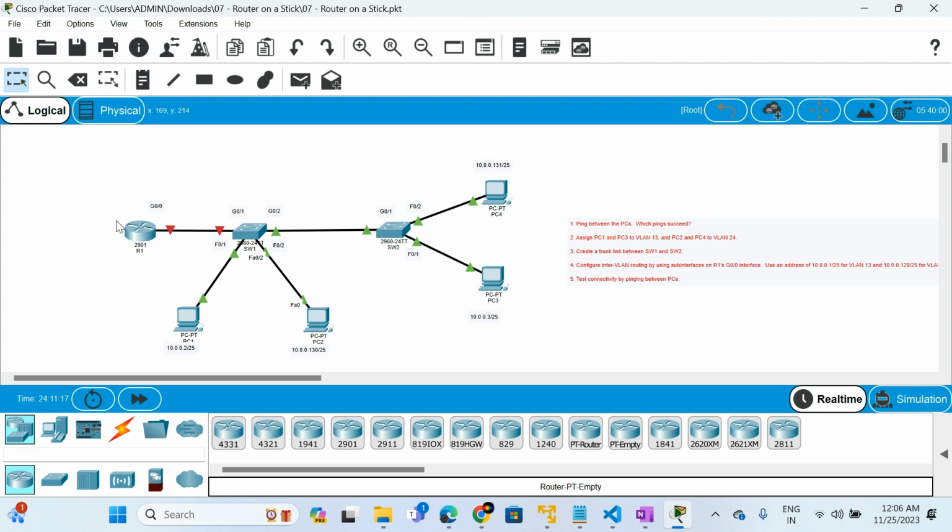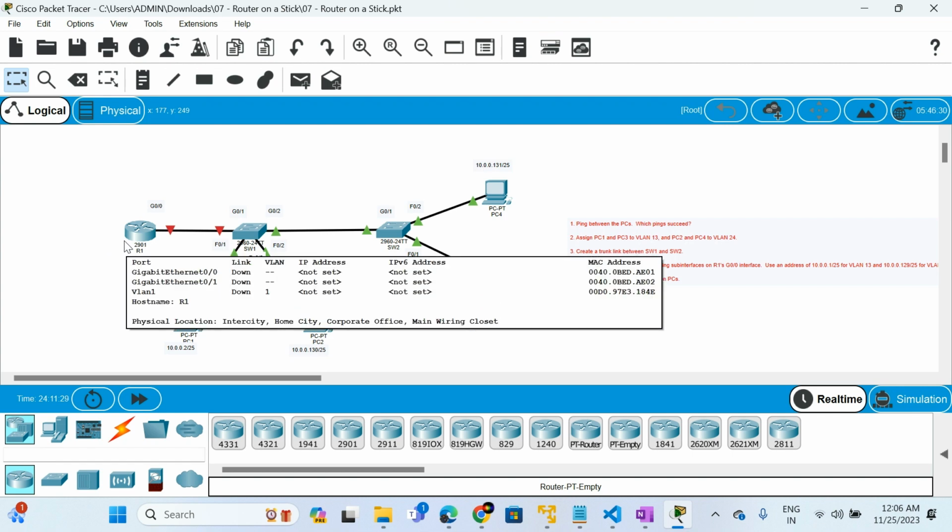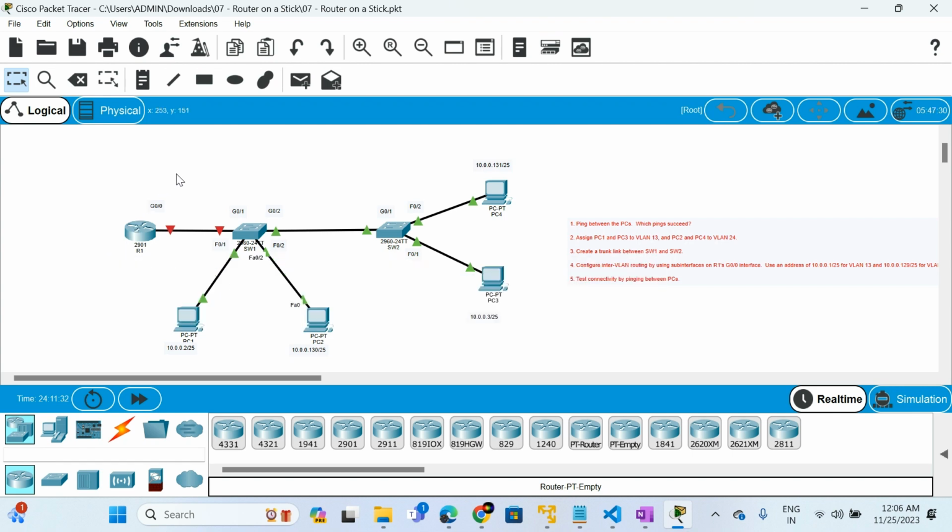But what about R1 here? R1 has a single link connected to this switch. When I say router on a stick, it has two different sub-interfaces to allow the respective VLANs. In this case, we are using VLAN 13 and VLAN 24.